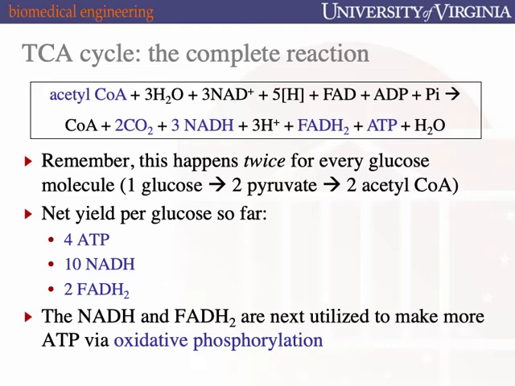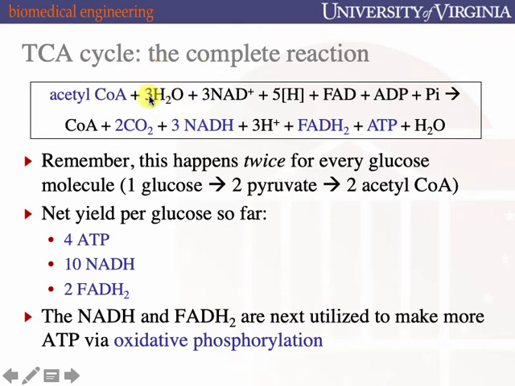So the TCA cycle completes the evolution of the carbons, the 6 carbons that we started with, into 6 CO2s. The entry point into it is with this acetyl-CoA.